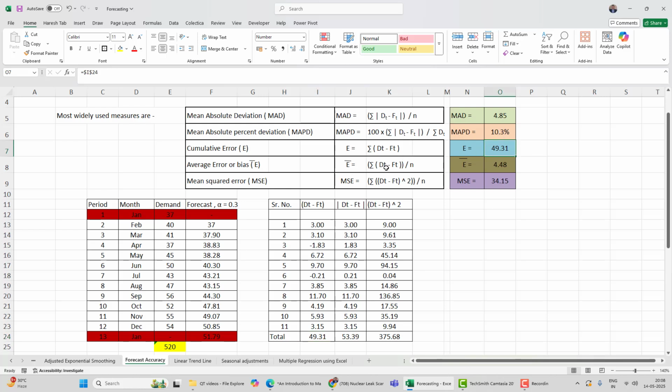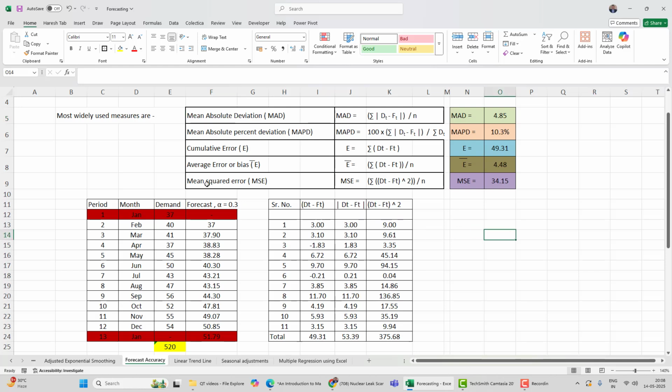When you divide this cumulative error by 11, the number of pairs, that is 49.31 divided by 11, you get the average error. Because there is no absolute value here, this is the cumulative error and this average is from the first column. The two where absolute is written are from the second column.